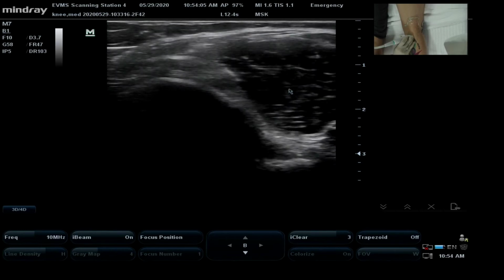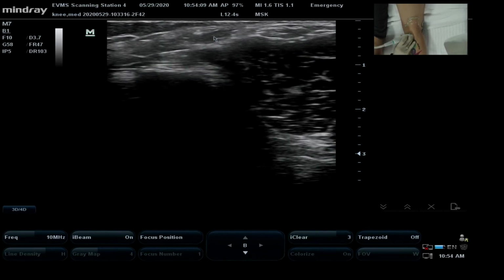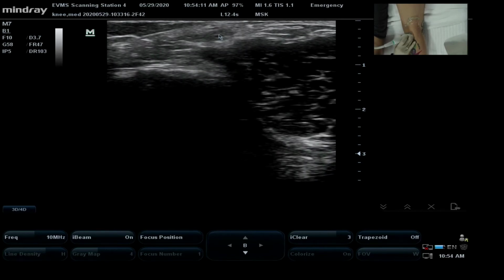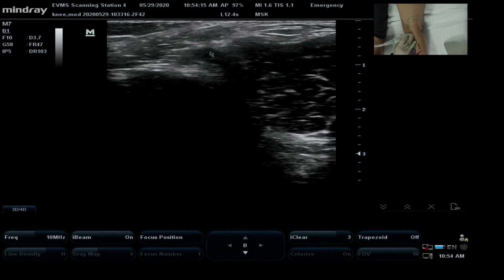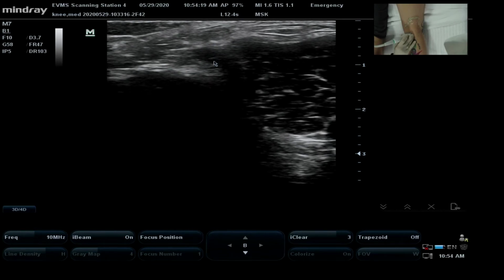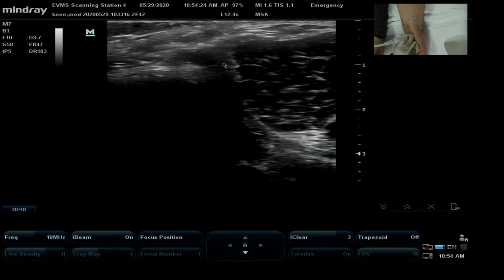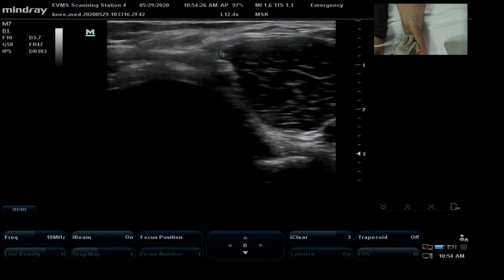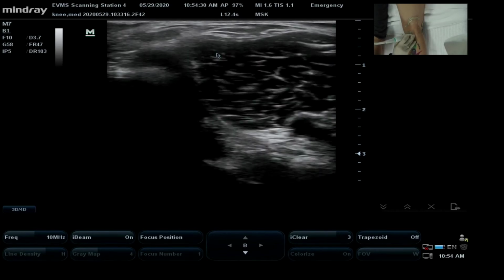Again, this is the gastrocnemius. This is the tendon of the semitendinosus right here superficially, and we have the tendon of the semimembranosus more deep, because as you know, the semitendinosus rides over the semimembranosus, and this is where we're going to find a Baker's cyst, in this region right in here. Obviously there is not one on this patient. All right, and that's the back of the knee.